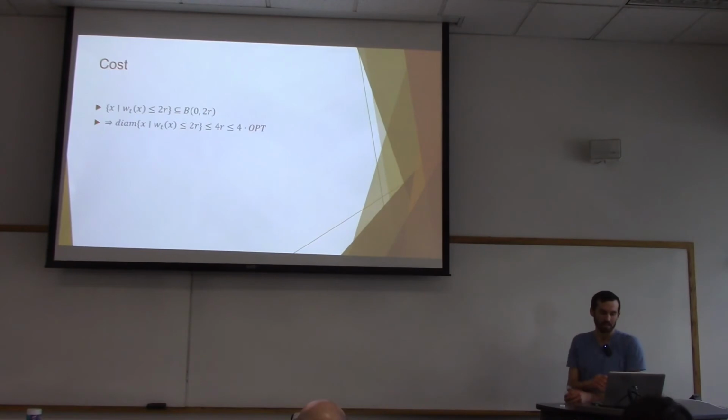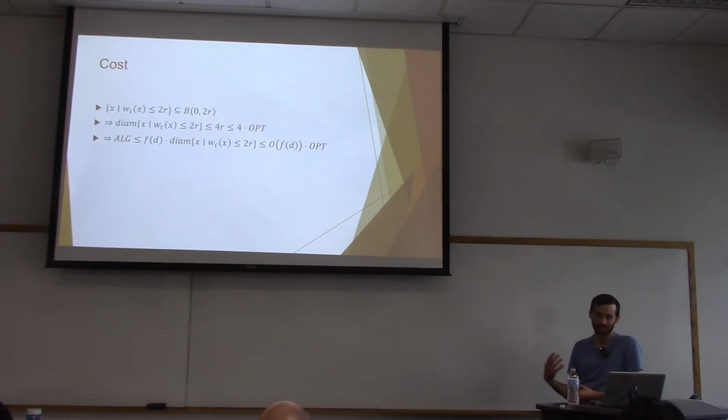The diameter of that set is then at most 4r, which again, if we're thinking of r as equal to OPT, or r as some upper bound on OPT, then the diameter is going to be a constant times r. So when we give our algorithm, which is going to have cost some function of d times the diameter of the original set, then it's going to be, again, an order of f of d times OPT.